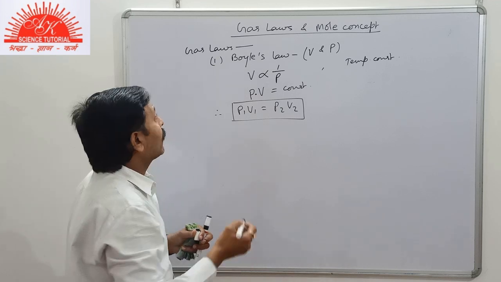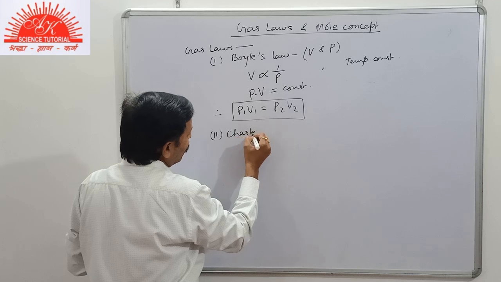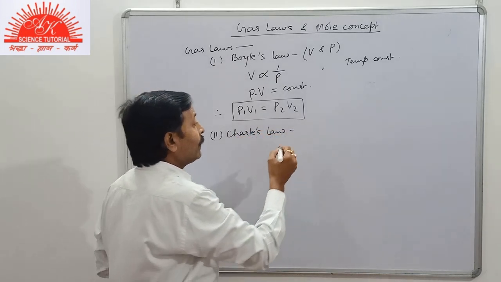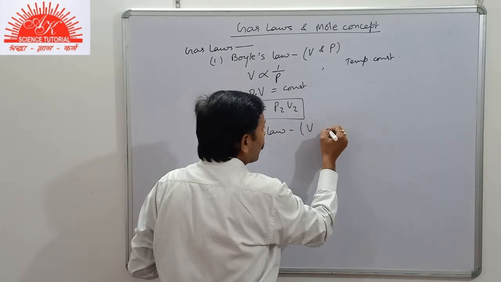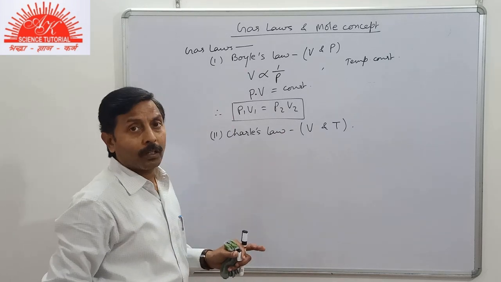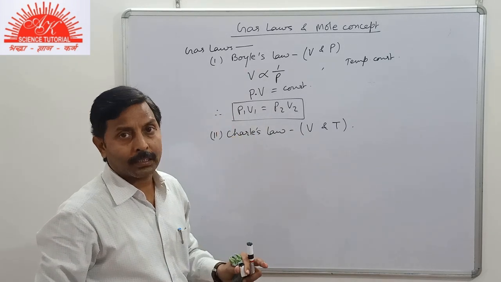Now there was another law studied in class 9th, that is Charles' law. In this we studied the effect of absolute temperature on the volume of a given mass of dry gas.